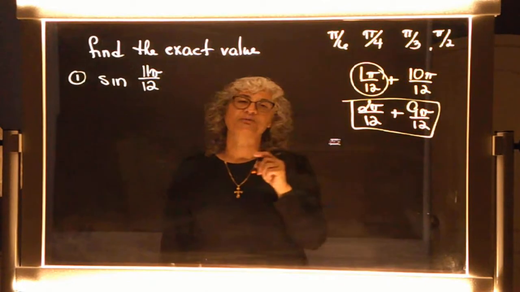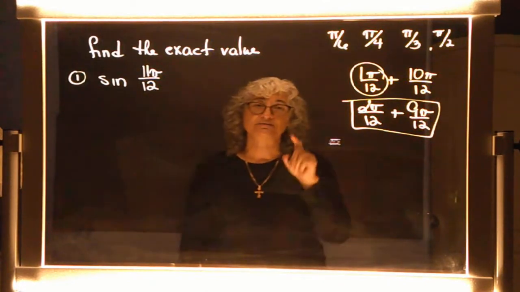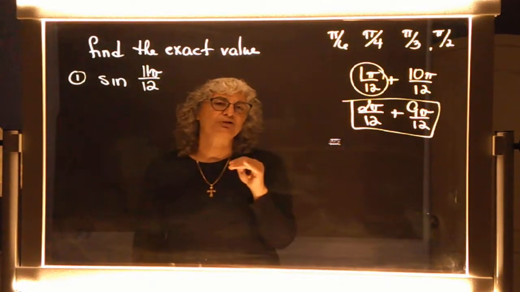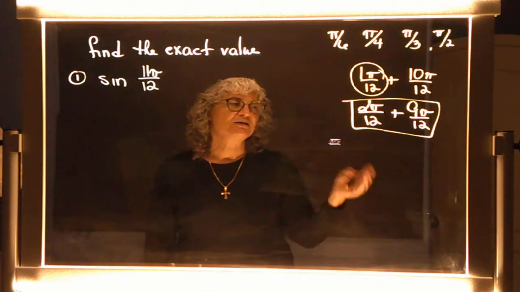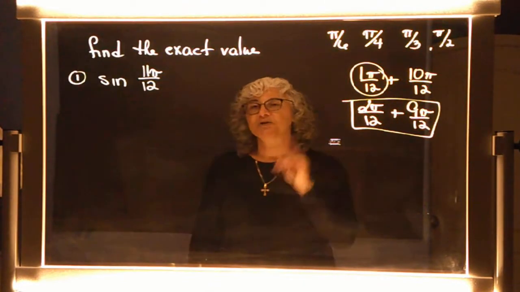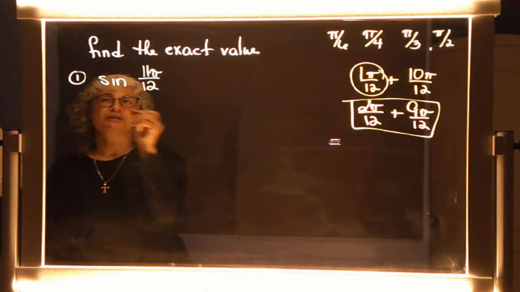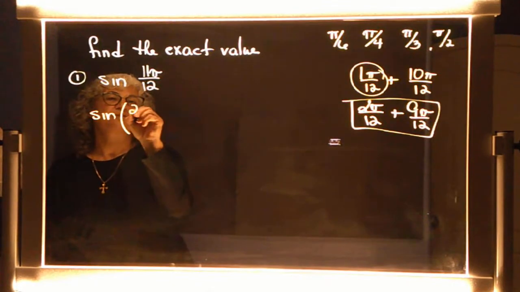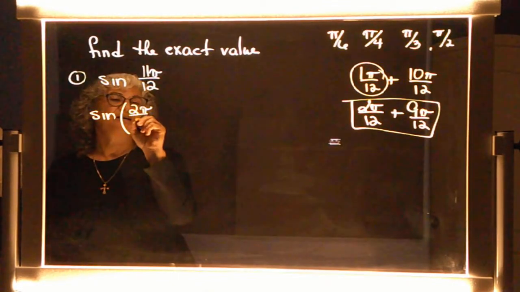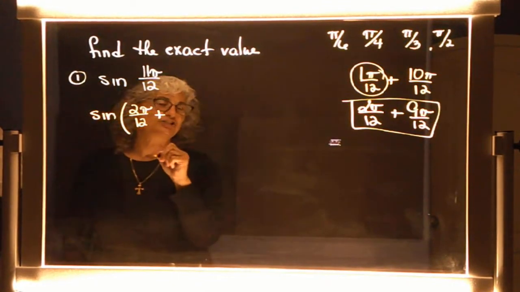And yes, there's probably other combinations as well, okay? But I'm going to go with the method that works best for me, and this is what works best for me. So here's what I'm telling myself. Basically, I can rewrite the sine of 11 pi over 12 as the sine of this addition problem.